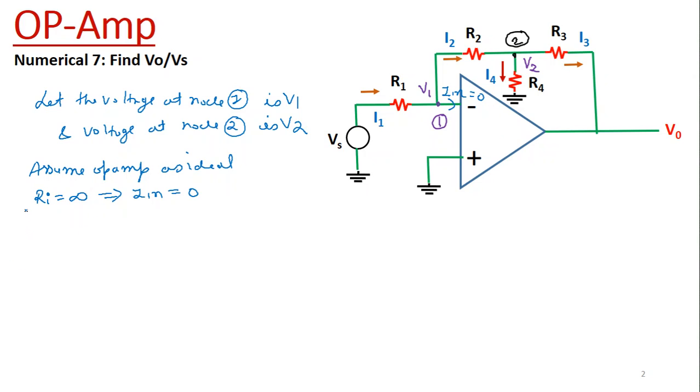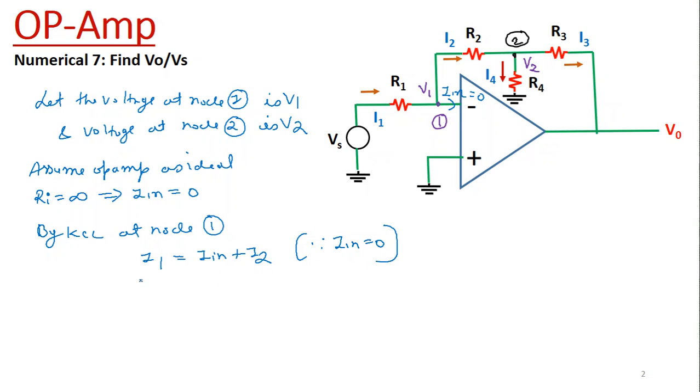Now we apply KCL at node 1: I1 is equal to In plus I2. Since In is equal to 0, in the ideal operational amplifier I1 will be equal to I2.